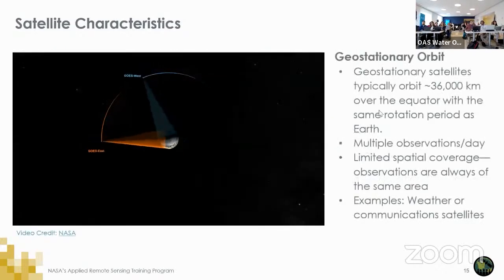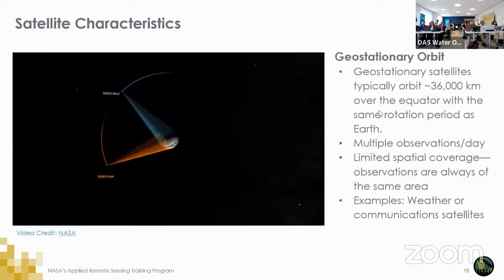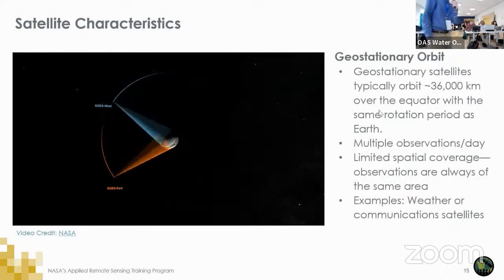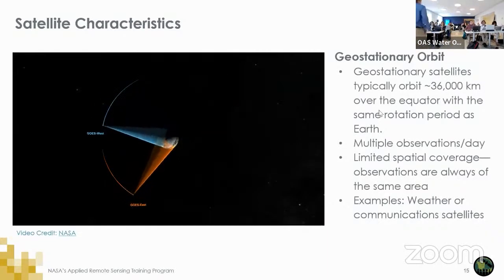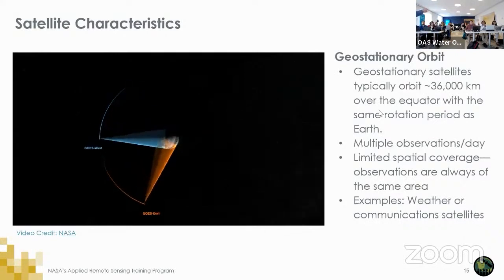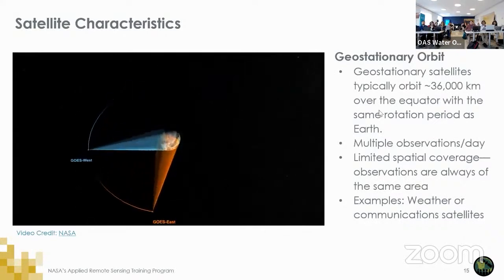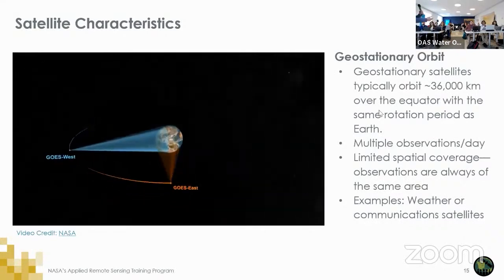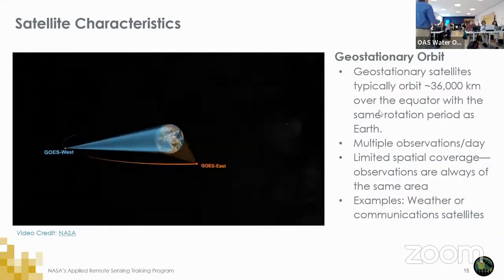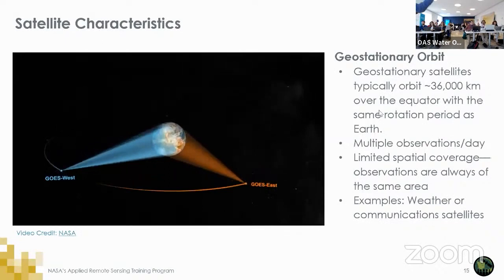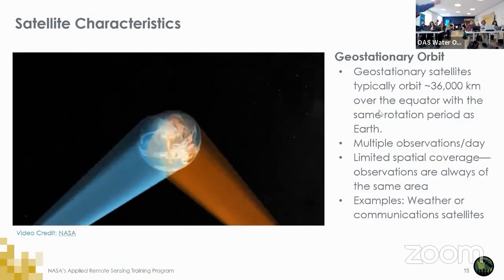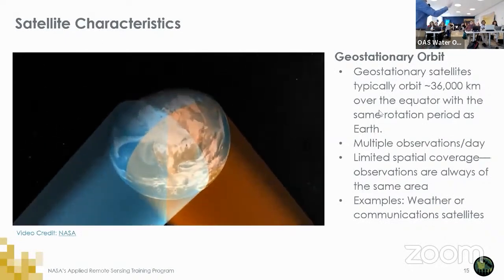So this next slide is showing you a mission, it's a joint mission. This is GOES East and West. This is a joint mission between two other US government agencies. This is the National Oceanic and Atmospheric Administration, otherwise called NOAA. They're the ones that have all of the meteorological satellites that the United States puts into space.